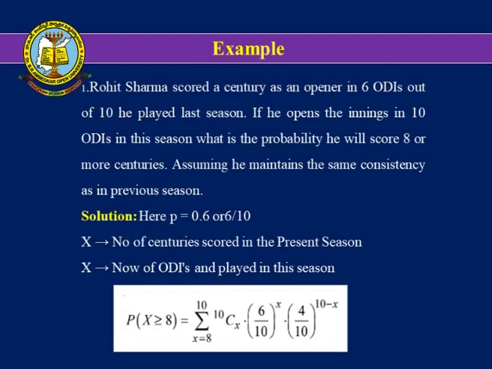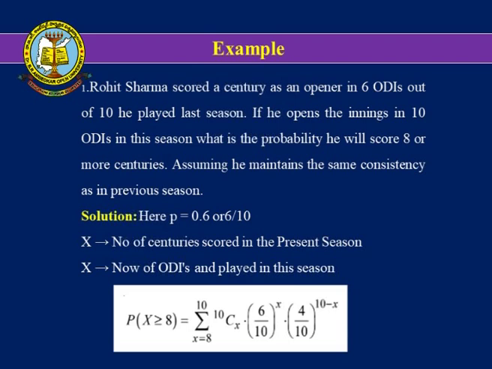Now, one more example, this is very important. Rohit Sharma scored a century as an opener in 6 ODIs out of the 10 he played last season. If he opens the innings in 10 ODIs in the season, what is the probability he will score 8 or more centuries, assuming he maintains the same consistency as in the previous season?